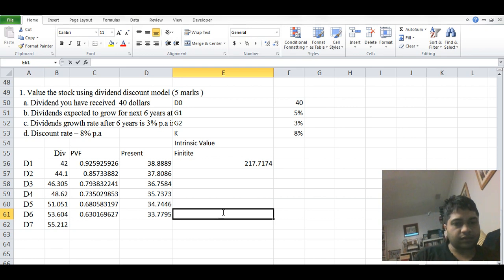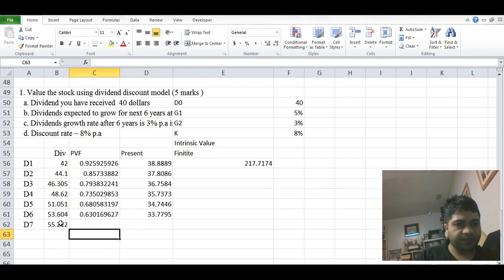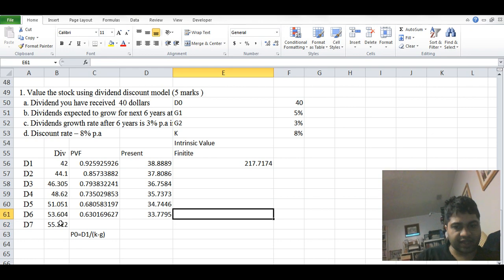Then we know the formula, P0 equals D1 divided by K minus G. So we have D7 now instead of D1, so we will get P6. P6 equals D7 divided by K minus G, that is 8% minus 3%.